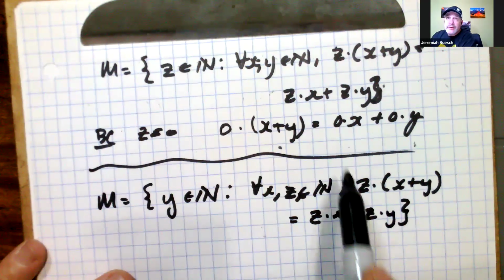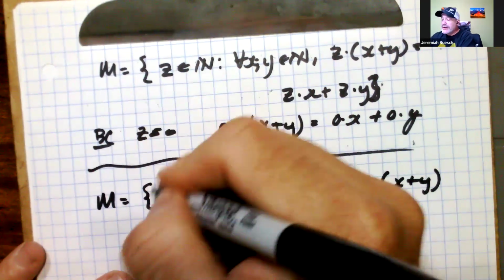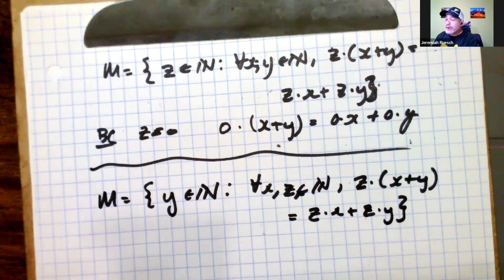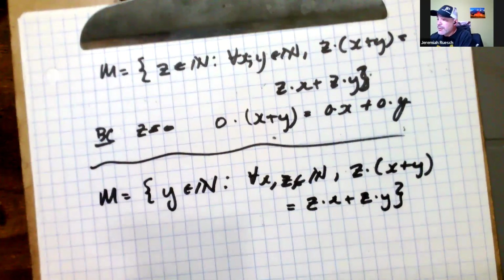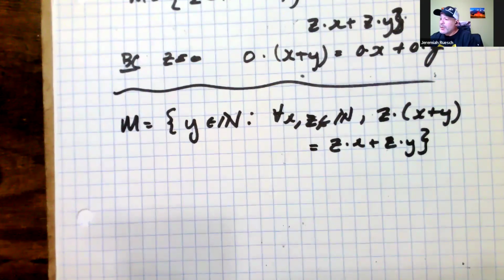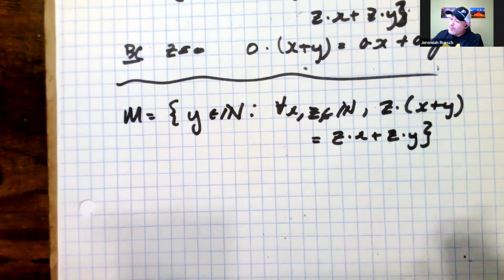Now you may compare the two and notice that they're exactly the same with one small difference. We're choosing a different variable to do induction on. And by doing so, it's a clever little approach that allows us to show that the right distribution of multiplication over addition can apply as well.